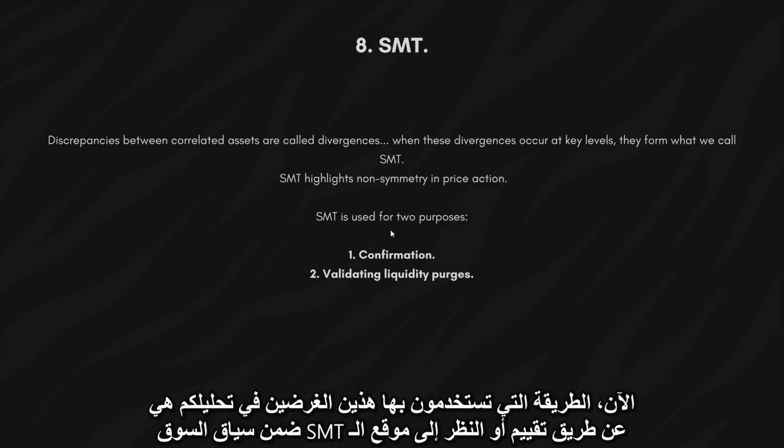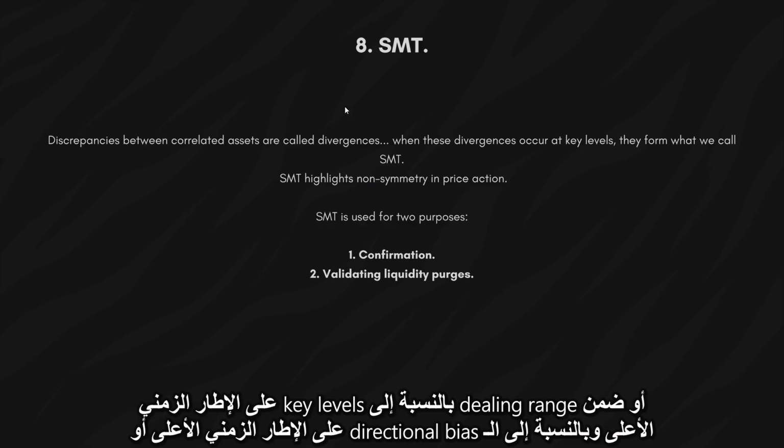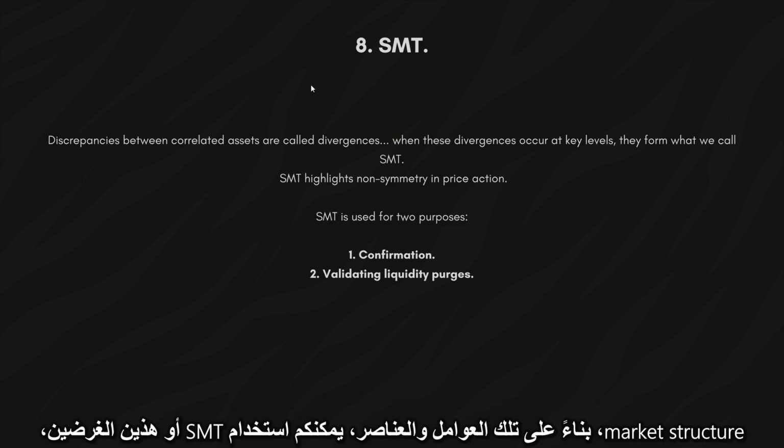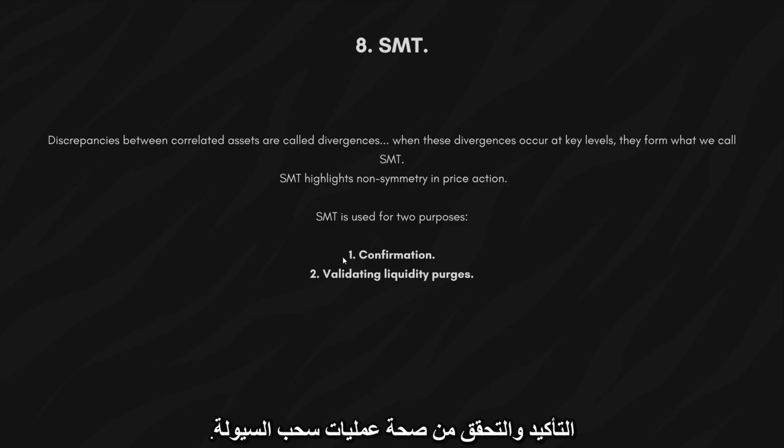Now, the way you use these two purposes in your analysis is by assessing the position of the SMT within a market context or within a dealing range, relative to the higher time frame key levels and relative to the higher time frame directional bias or market structure. Based on those factors and elements, you can use SMT for these two purposes, confirmation and validating liquidity budgets.